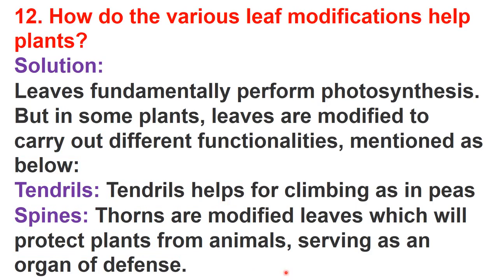Now this is the answer for question number 12 of NCERT. How do the various leaf modifications help plants? So this is a direct question. We have discussed it in a previous lecture also. So let's take a fast recap. The answer is leaves fundamentally perform photosynthesis. So the main function of the leaves is photosynthesis, but in some plants leaves are modified to carry out different functions.